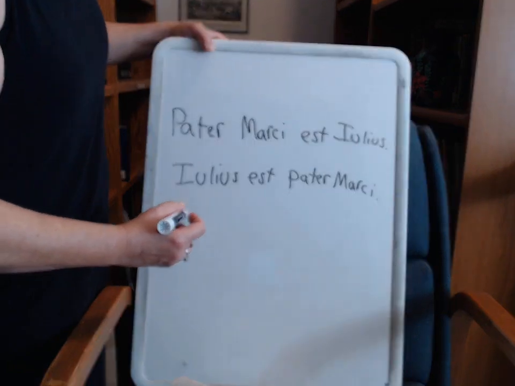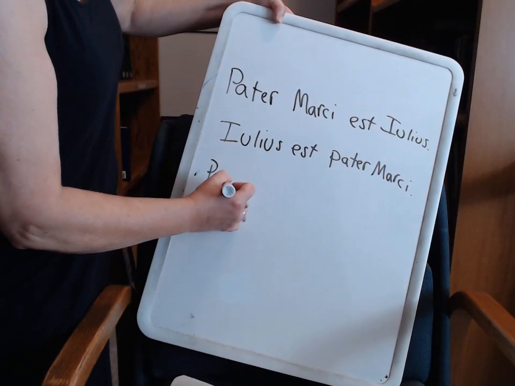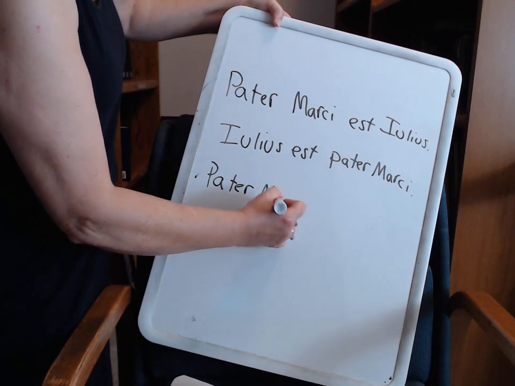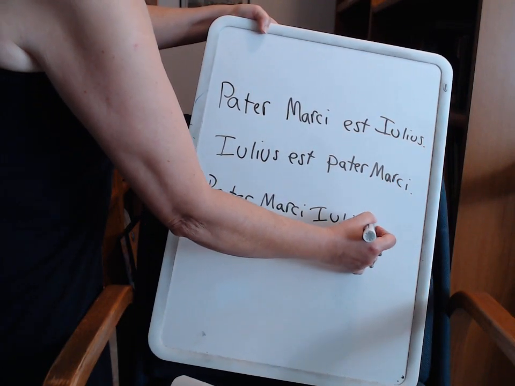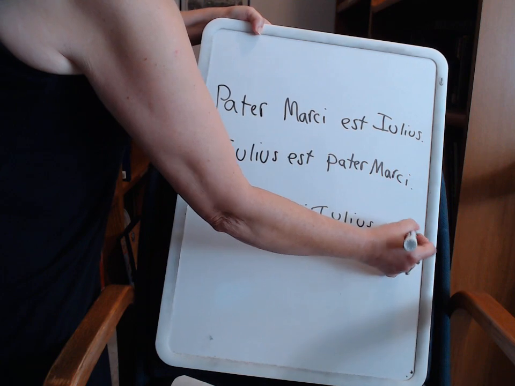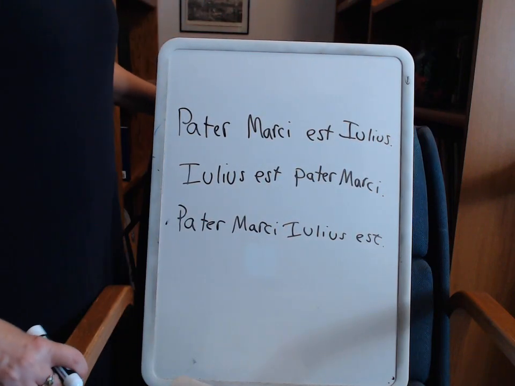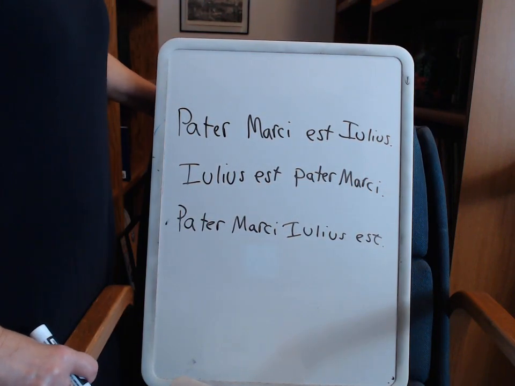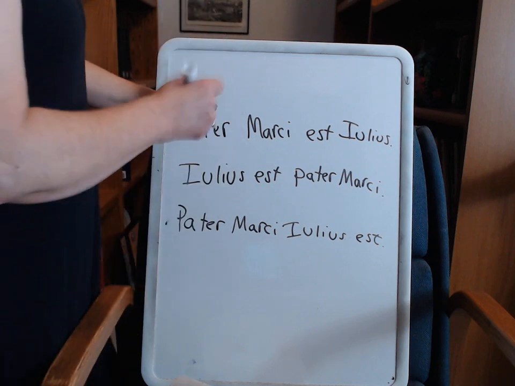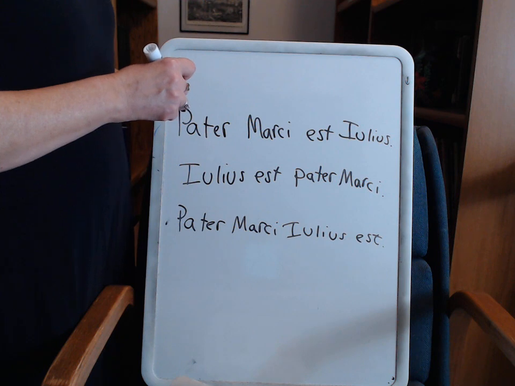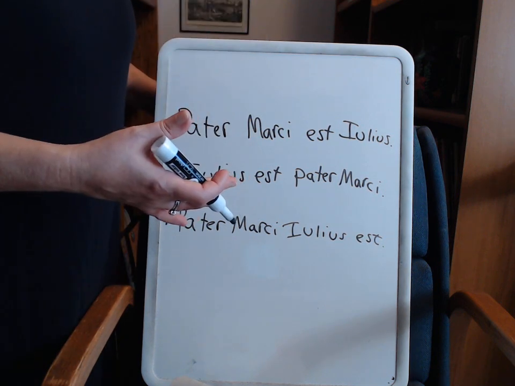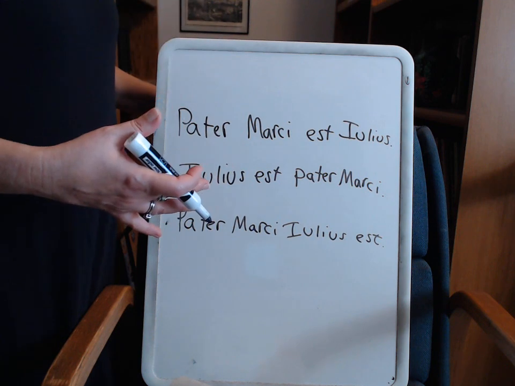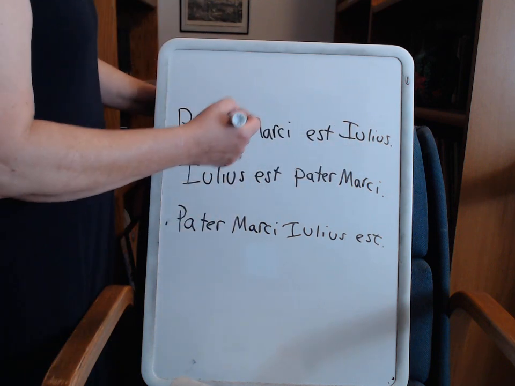Even pater Marci Julius est. In Latin, we can move words around because the endings tell us what they're doing, not word order. Okay. Pater est Julius. Pater Marci est Julius. Each one of these says the same thing.